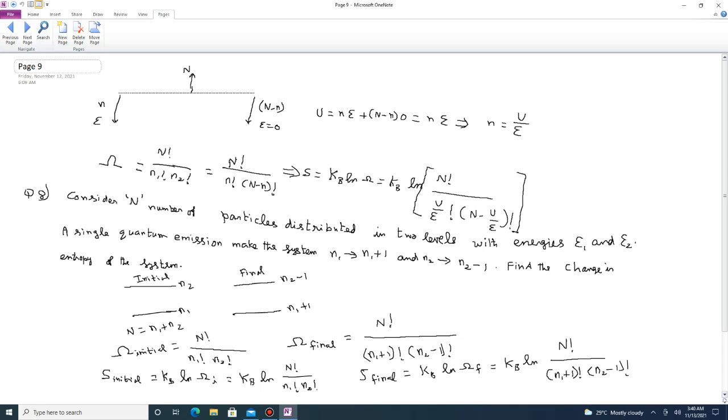Now let us consider a system of N particles.